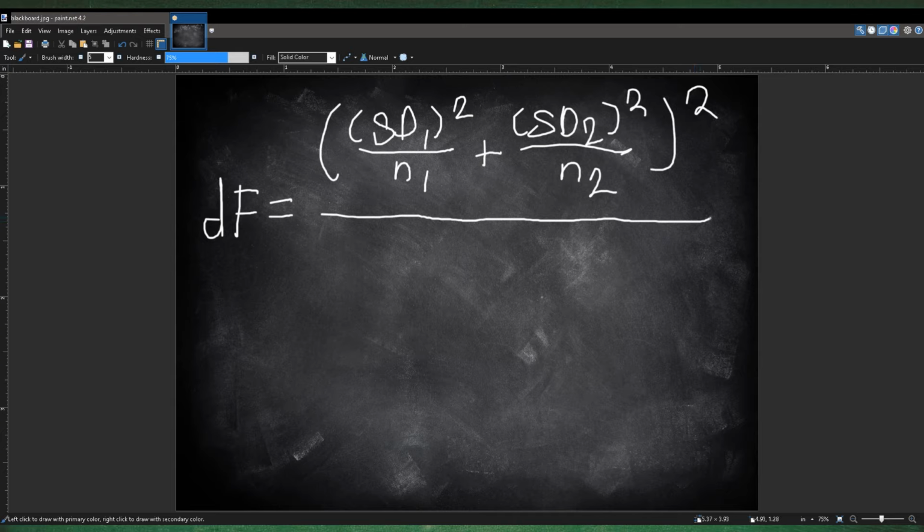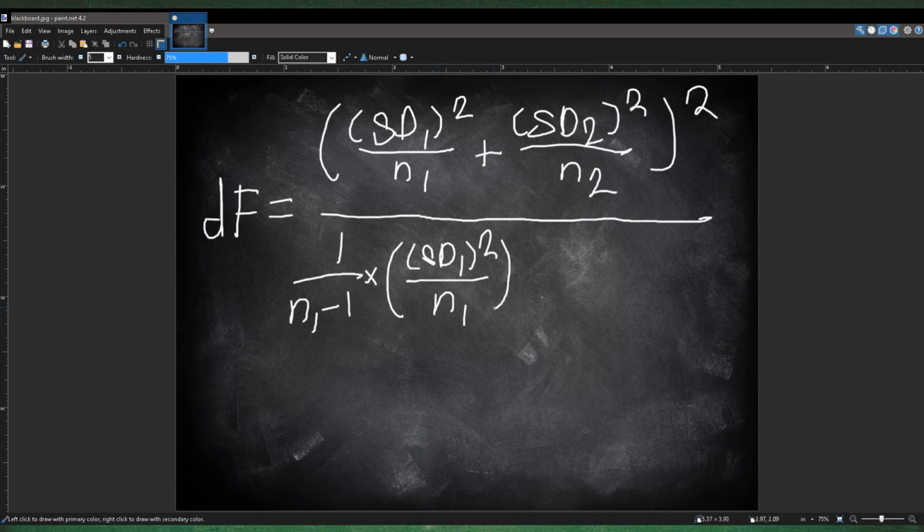Then you divide that entire number by 1 over the first sample size minus 1, times the quantity standard deviation 1 squared divided by the first sample size, squared again. Then plus, for sample 2, 1 over sample size 2 minus 1 times the quantity standard deviation 2 squared divided by n2, squared.